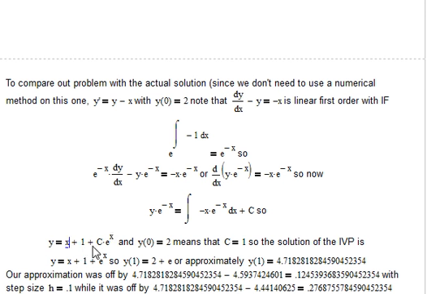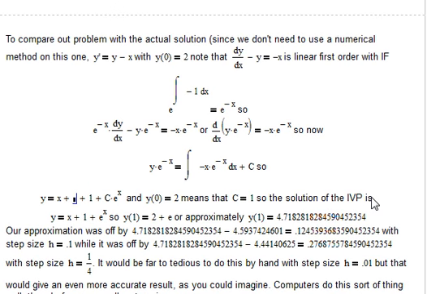This is 0, so 1 plus c, and that equals 2, so c equals 1. And then the solution of the initial value problem is x plus 1 plus e to the x. And so therefore y of 1 would be 2 plus e, or approximately 4.718281828, and the rest is kind of history.